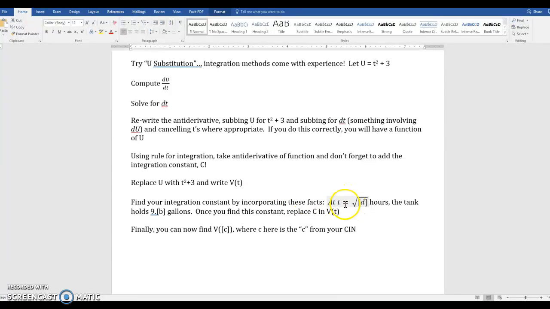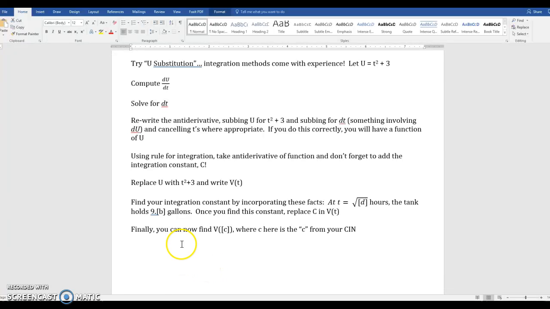This value, the square root of d, can be substituted on the right side of this equation for t, and v of t can be substituted using the fact that the tank holds 9.b gallons. So whatever your b happens to be, let's say if it's 3, 9.3 can be substituted for v of t. At that point, the only variable you'll have left in this equation is c, and then you can solve for c, and you will have a real number there, and v of t equals something with no unknown constants.